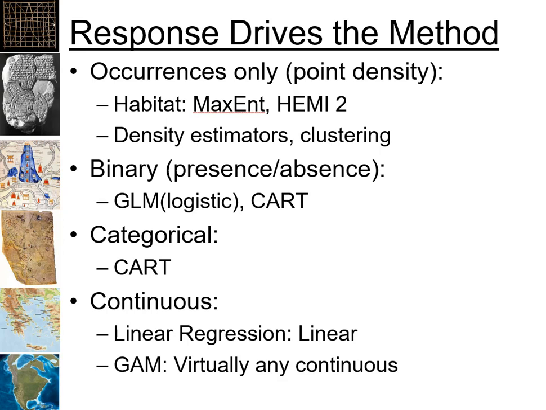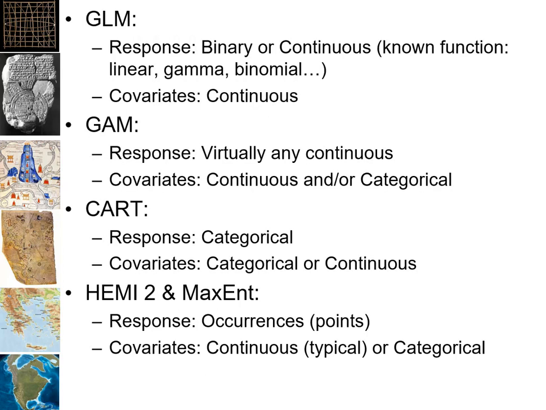And with continuous response data, you might use linear regression if you've got a linear response and you feel pretty good about that, but that'll probably be rare. You'll probably want to use a GAM or a generalized additive model because that works with virtually any continuous response, and it supports continuous or categorical covariates, so it's very flexible.